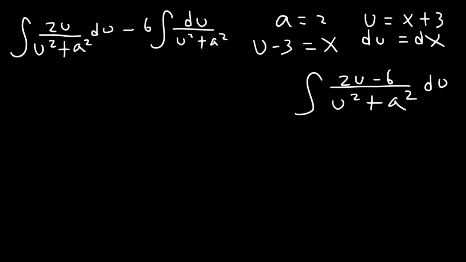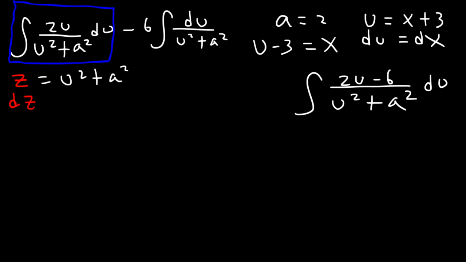So now let's focus on the integral on the left. We can use another u-substitution, but because we used the u variable already, let's use a different letter. Let's use z. So let's set z equal to u squared plus a squared. The reason why we want to do that is because dz is going to equal 2u times du. And this 2u can cancel with the one on top.